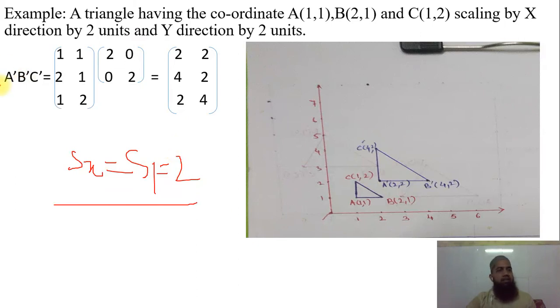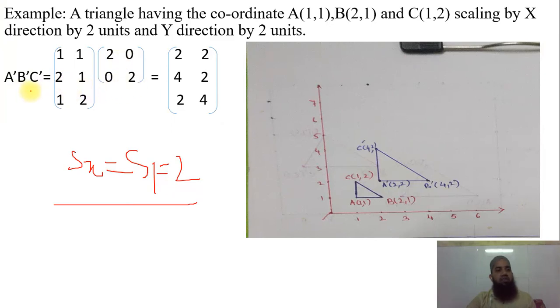Here we have to do the scaling of the triangle ABC. Once scaling is done in the x and y direction, the final position will be this. A normal multiplication of two matrices takes place over here.